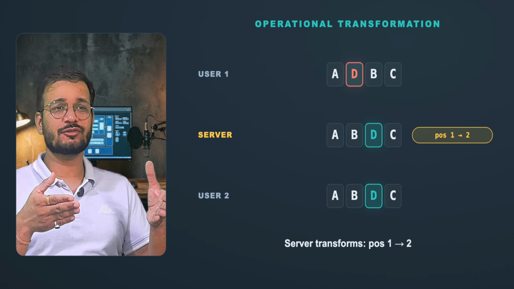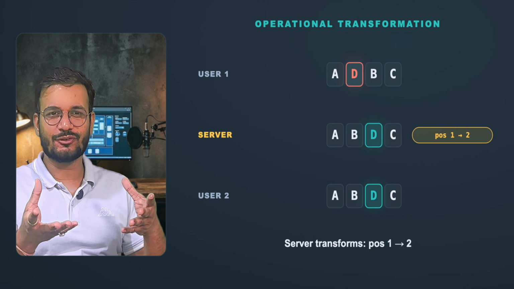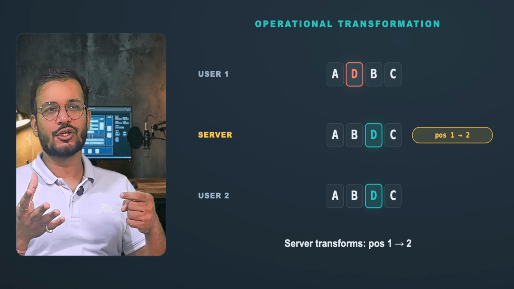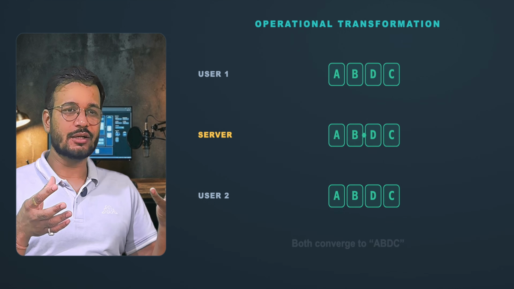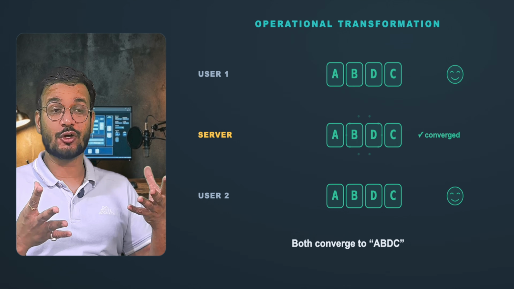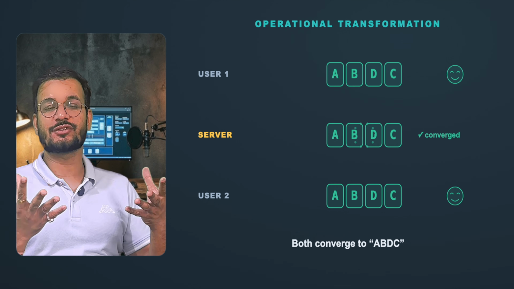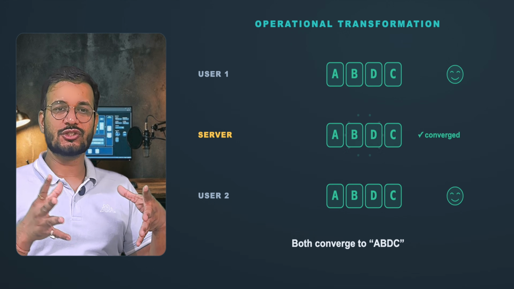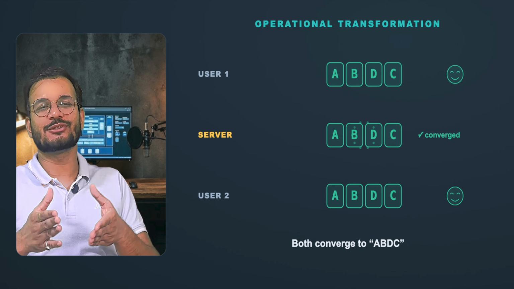The transform function asks, given that B has been inserted at position 1 before I apply this operation, should my position change or not? User 1 inserted at position 1. User 2 wants to insert at position 1 as well. Since user 1's insert was before or at the same position, user 2's position shifts right by 1. So user 2's transformed operation is now insert D at position 2.